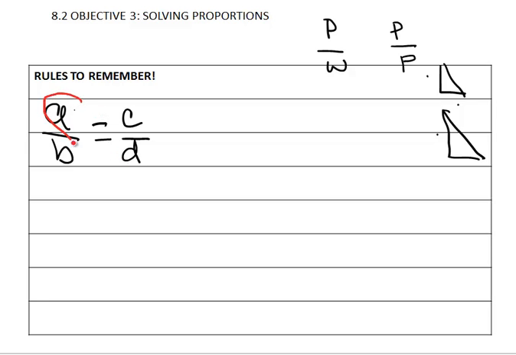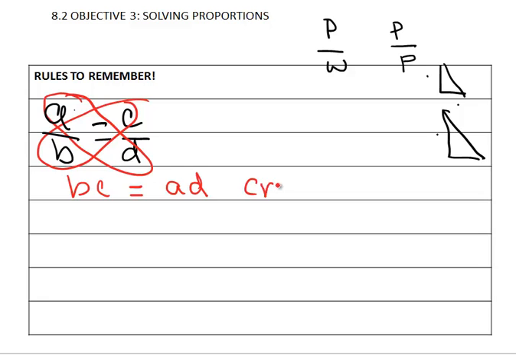I remembered that if I multiply this and this, I'll get A times D. And if I multiply this and this, I'll get B times C. And they should be equal. That's how we test whether the ratios are equal, by cross multiplying.